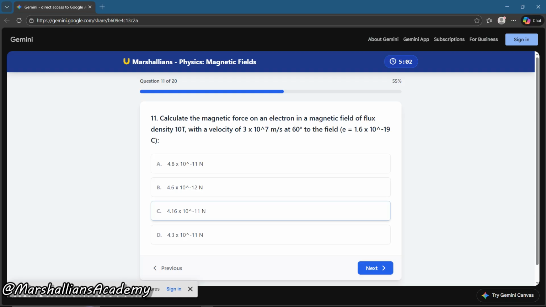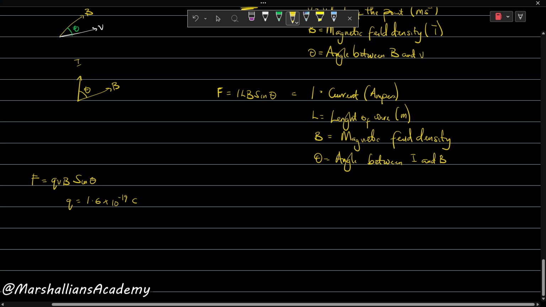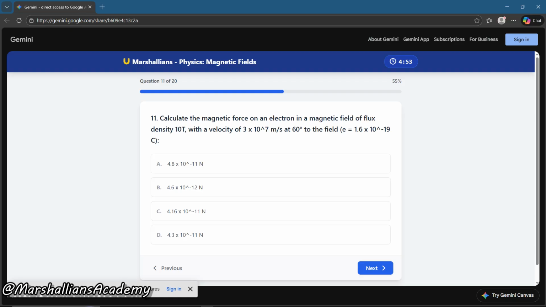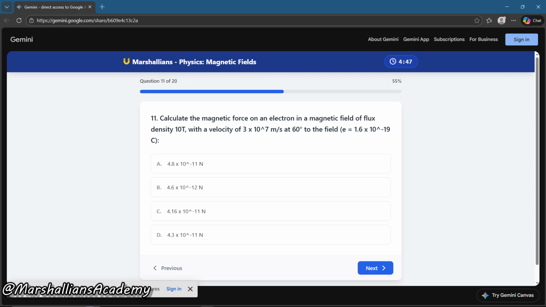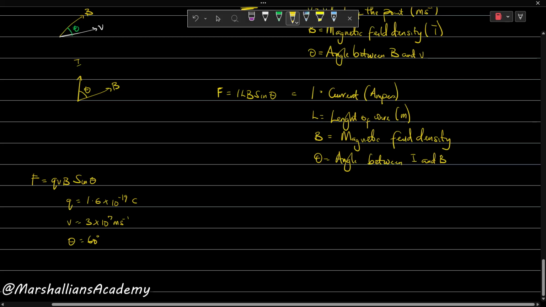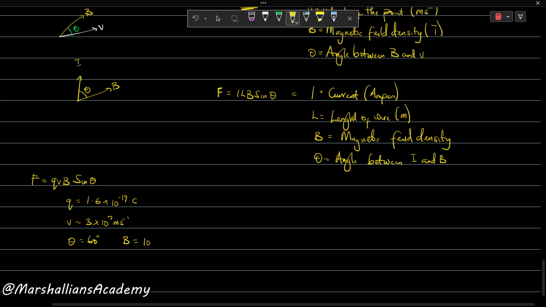What else were we given? We are given velocity V to be 3 times 10 to the 7th meters per second. We are given theta to be 60 degrees. And we are given magnetic flux density, that's magnetic field, to be 10 Teslas.